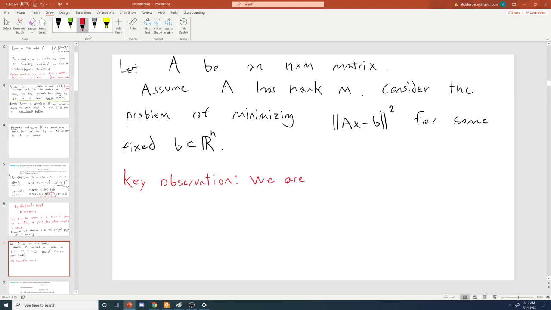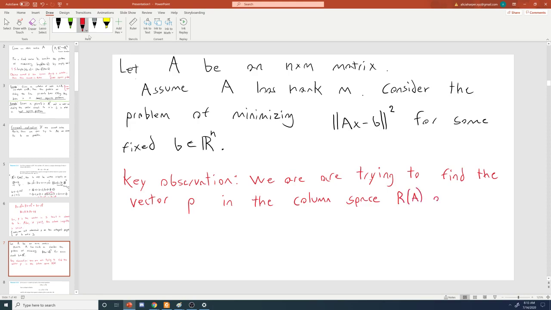We are trying to find the vector P in the column space, Ra, of A closest to B. Now, this is very helpful because we know a very, very useful fact.